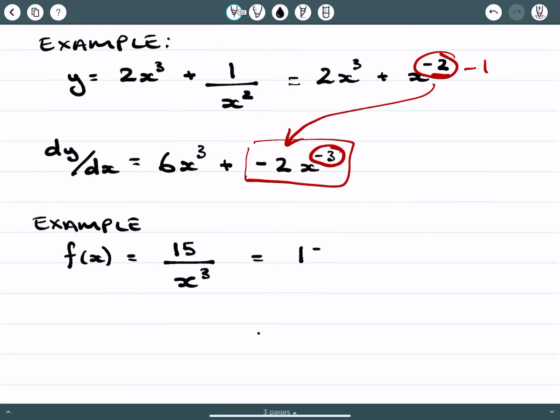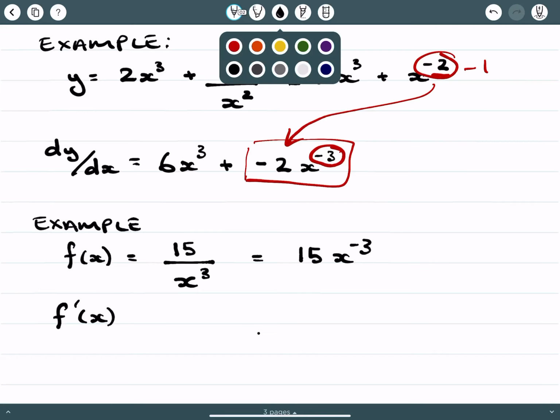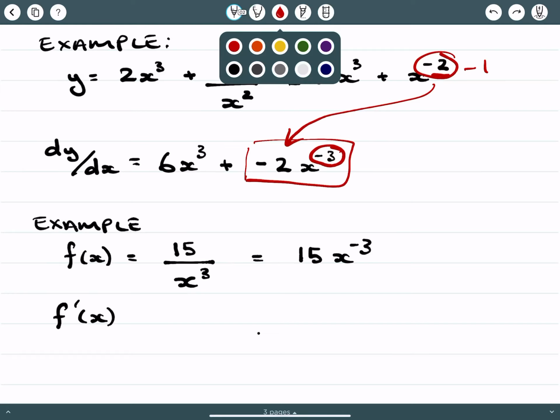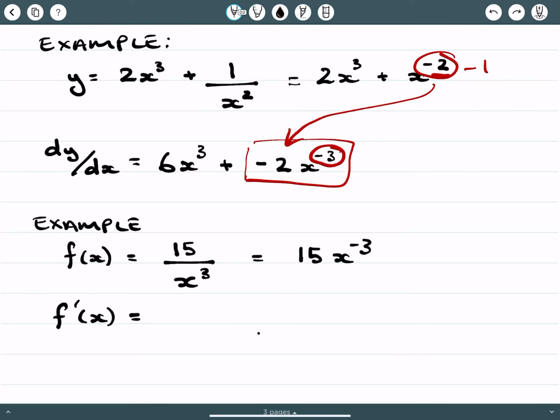I might rewrite this expression as 15x to the negative 3, and therefore my derivative, and note that I have made sure that it shows as a derivative, is going to equal negative 3 times 15, negative 45, x, reduce the power by 1, that brings that to negative 4, and I may rewrite the expression as negative 45 on x to the 4.